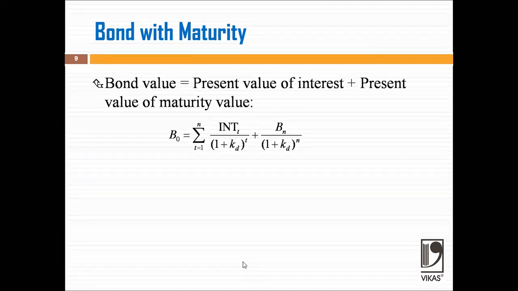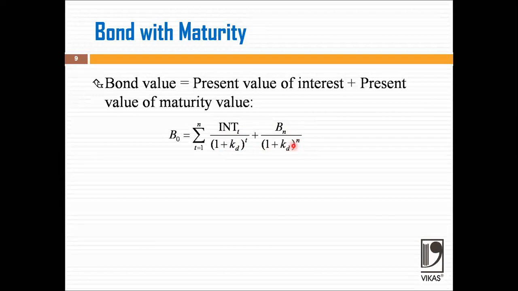Yes, sir. All right. It has two things. The first part is interest. Interest we receive, so we have to discount this future cash flow. And the other part is the maturity value.